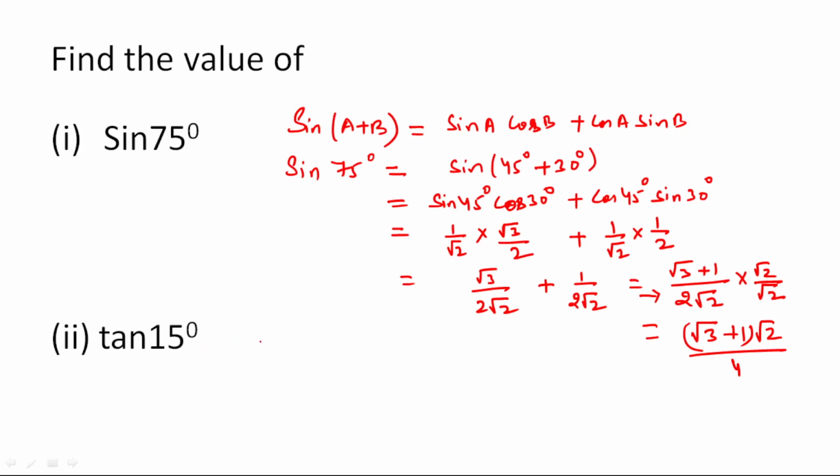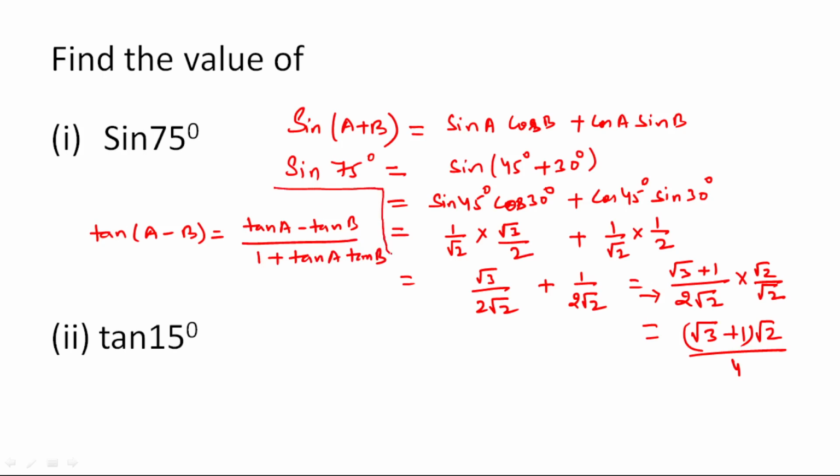Similarly for tan 15 degree, the formula we will utilize is tan A minus B, which is tan A minus tan B by 1 plus tan A tan B. So tan 15 we can write as tan of 45 degree minus 30 degree.